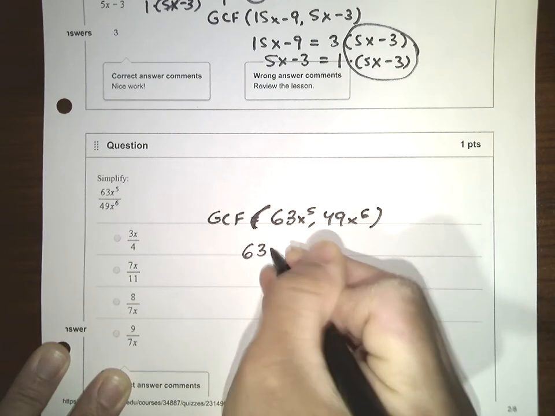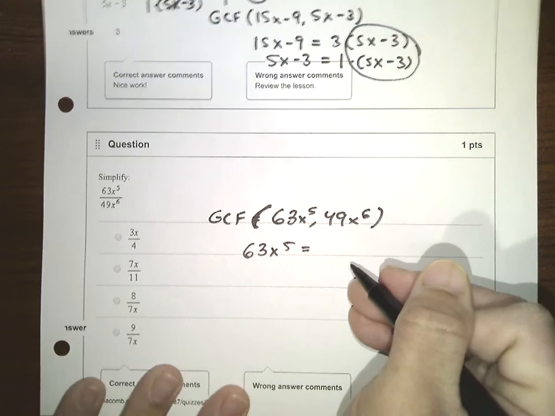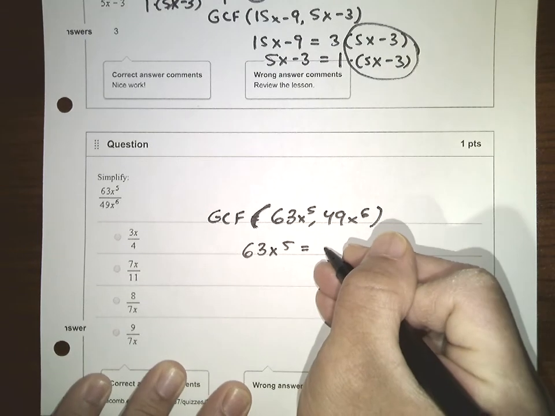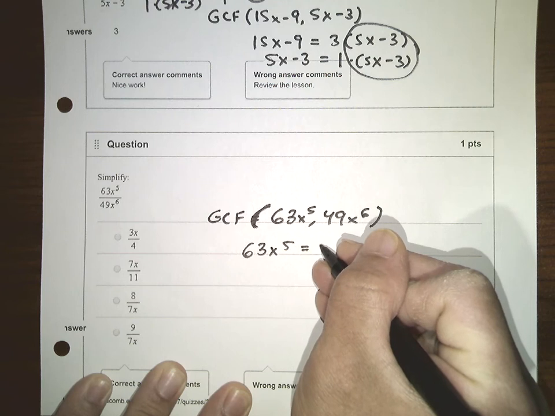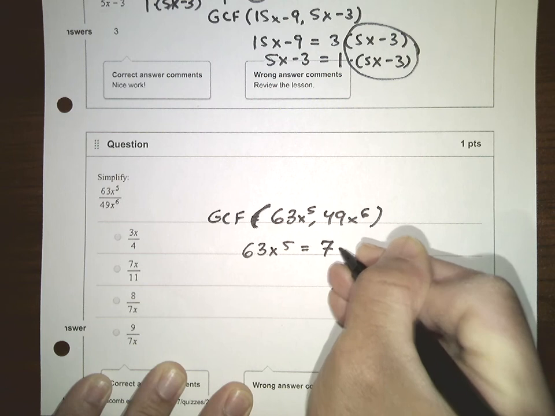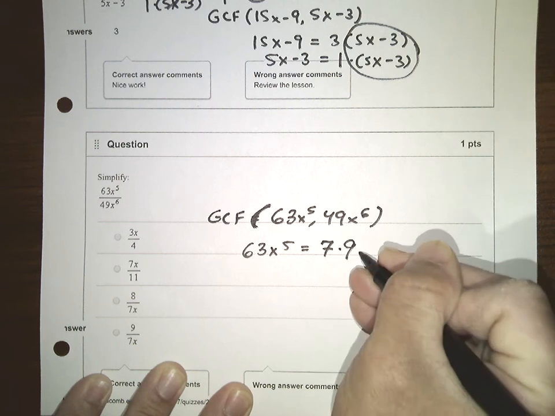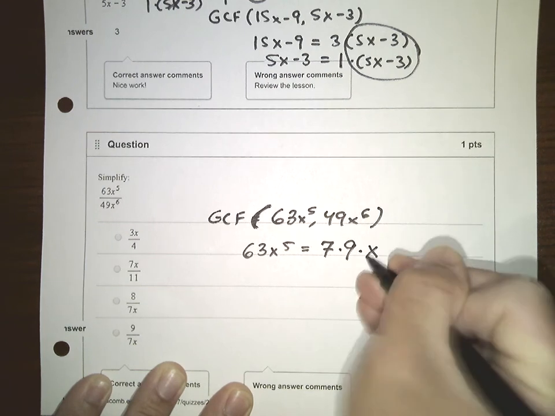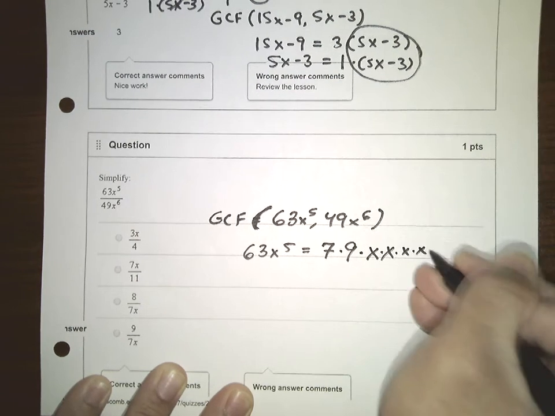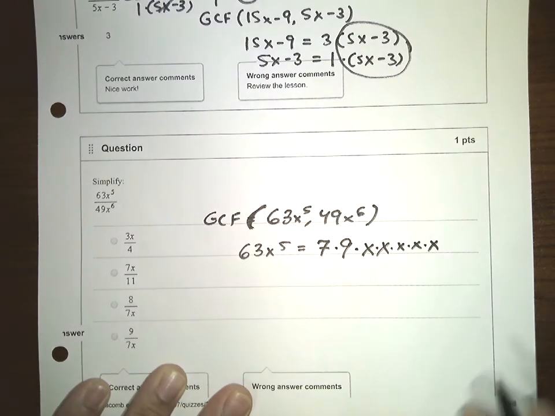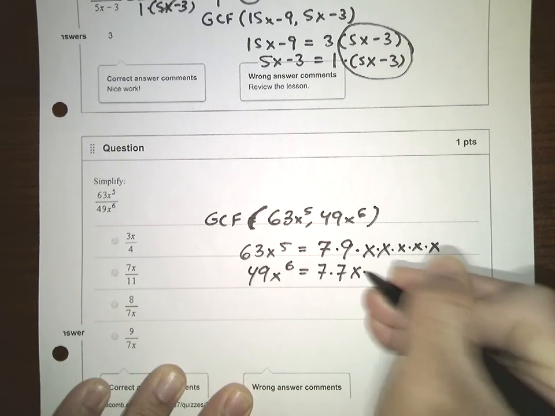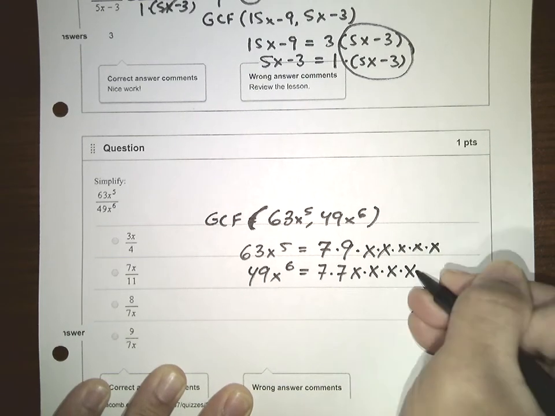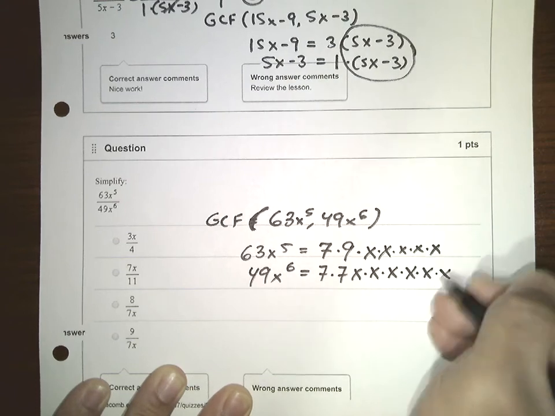Now think about how I'm going to write this out. 63 is 7 times 9, times x five times, because there's x to the 5th. And 49x to the 6th is 7 times 7 times x times x times x times x times x times x, because there's 6 of them.